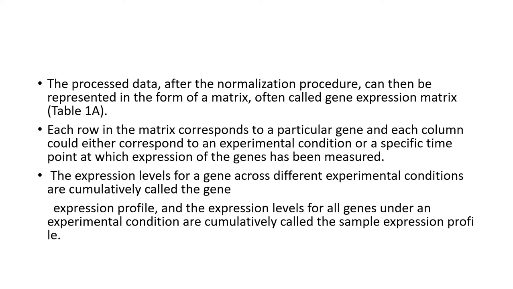Expression levels for a gene across different experimental conditions are cumulatively called the gene expression profile. We call it this because for a single gene, if we want to see the expression of the same gene in different conditions, we can see it across the row. A single row contains different columns, different intensities from different experimental conditions like aerobic, anaerobic or pH 1, 2, 3, 4.